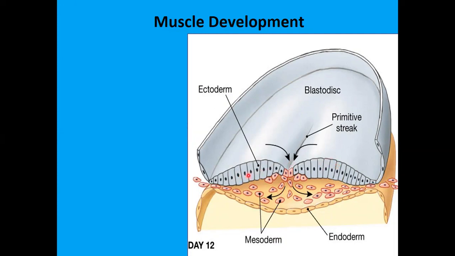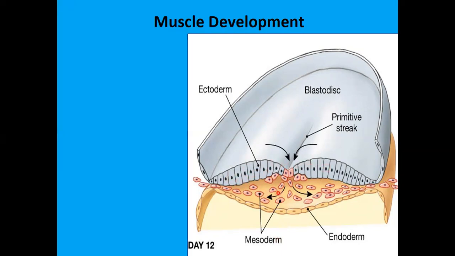So the outer layer is known as ectoderm. The middle layer is known as mesoderm. Then the inner layer is known as endoderm. So epithelial tissue originates from the endoderm. Muscle tissue originates from the mesoderm. Then nerve tissue originates from the ectoderm.